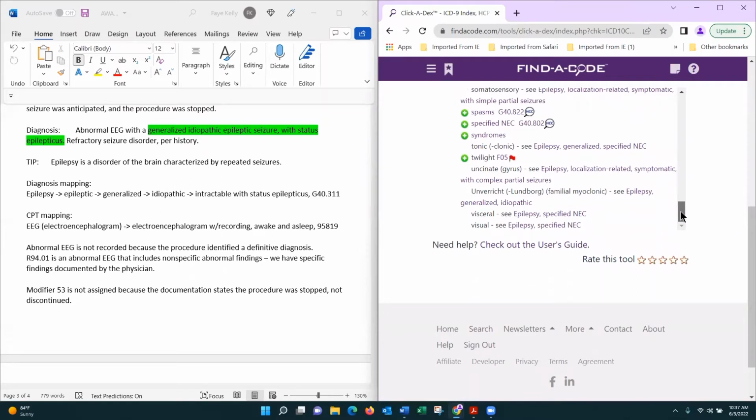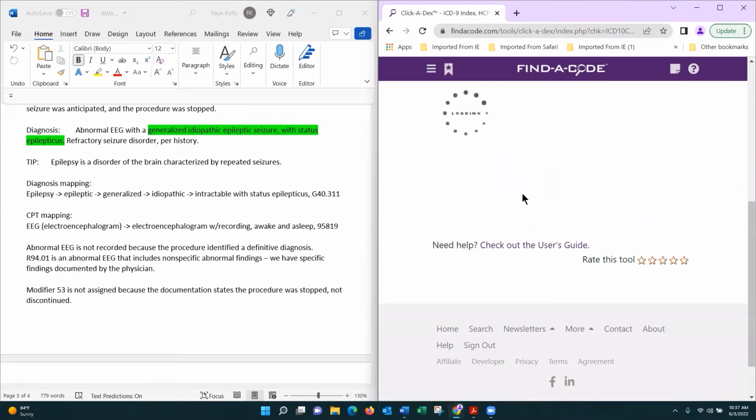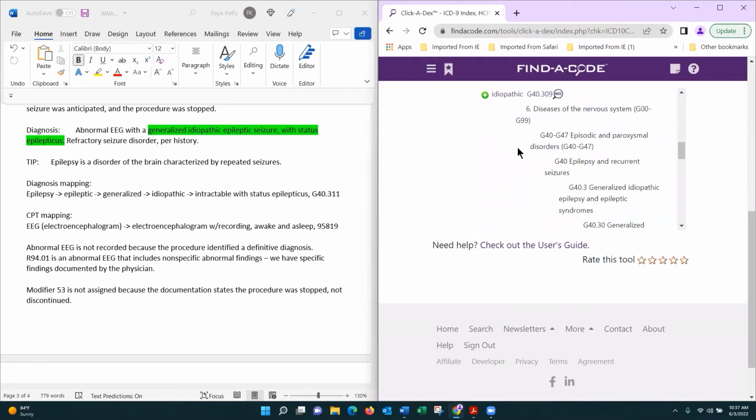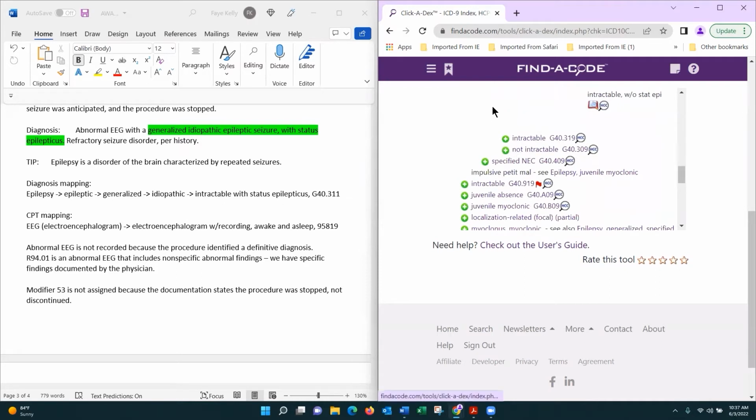Here we go. All right, generalized. Idiopathic. All right, keep scrolling down.